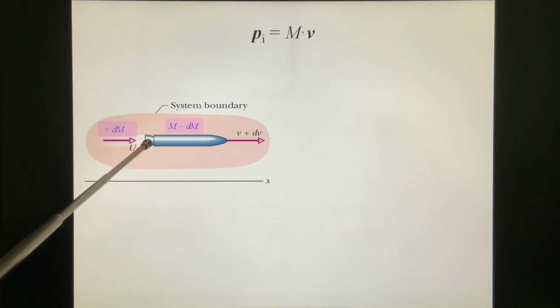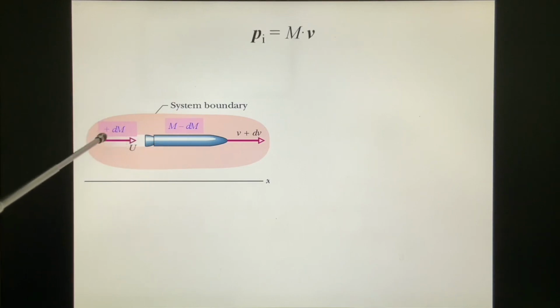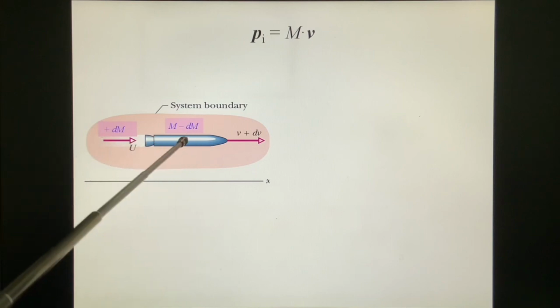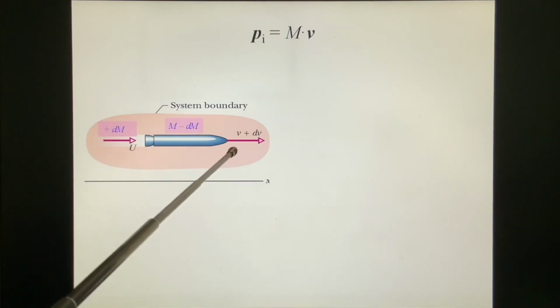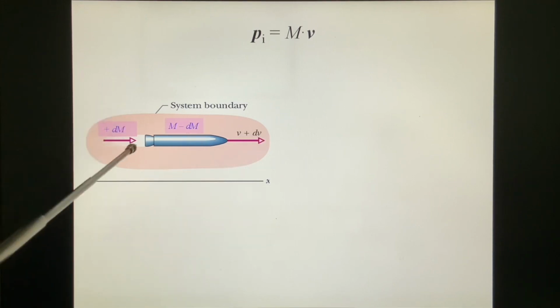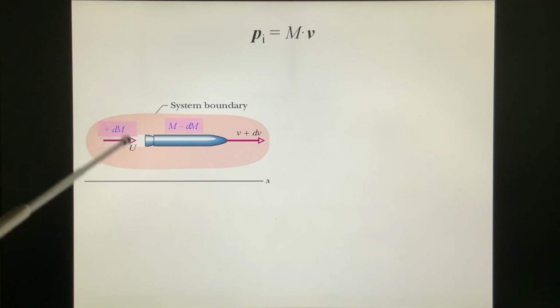Now we start from this one. We eject combustion stuff called dM. After ejecting the product, the mass left in the rocket is M minus dM, with speed increased to V plus dV. The velocity of this ejected product in the Earth's frame, or in the sun frame, which we call an inertial frame, is u.